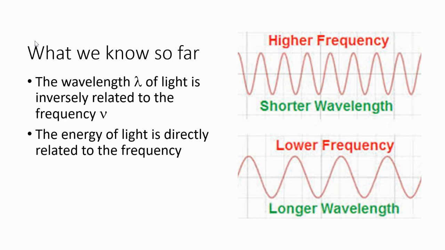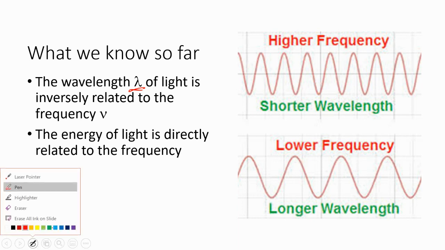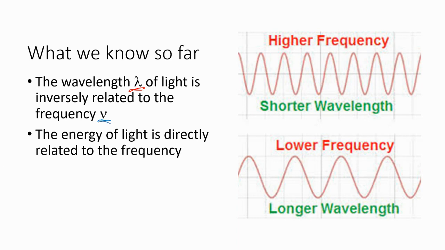What we know so far is that there's an inverse relationship between the wavelength, lambda, and the frequency, which is nu, that little v basically. And basically, it's saying that if you have a lot of waves in a short period of time, the frequency would be high, right?